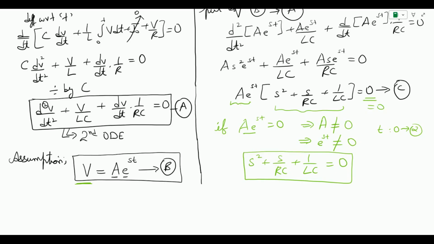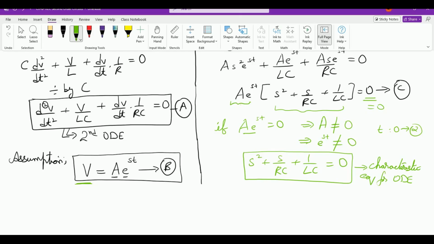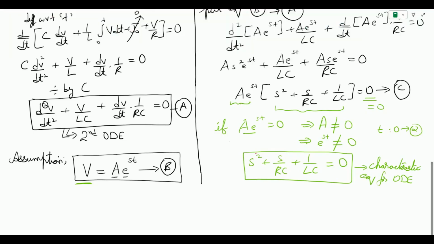When we look at this equation, which is equal to 0, we come to the realization that it represents a characteristic equation for the second order differential equation. And if this characteristic equation has an exponent of 2, it can only be solved using the quadratic expression.